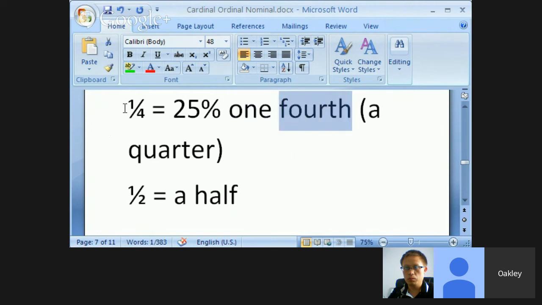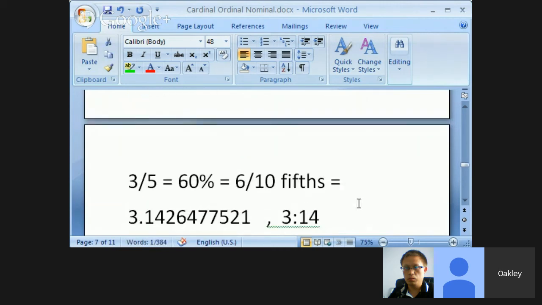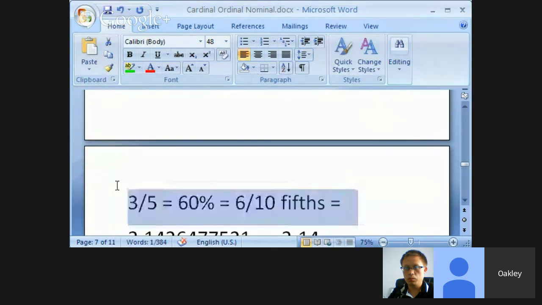By the way, these things are called fractions. But half is a little tricky because we never say 1 second. We can't do it. Xingyu, how would I express this in spoken English? This next one here.